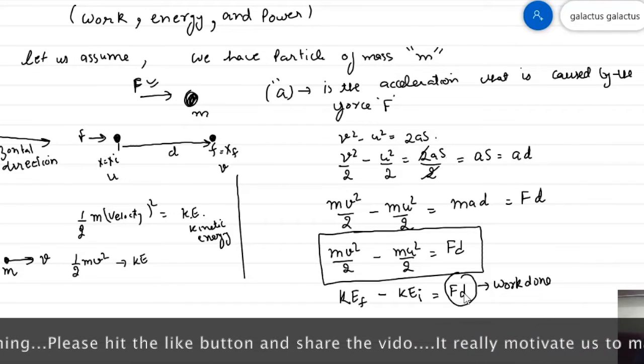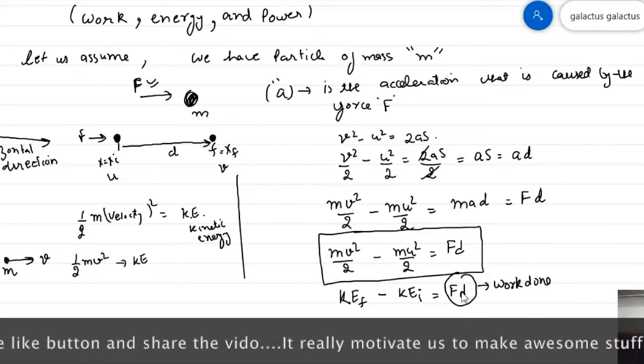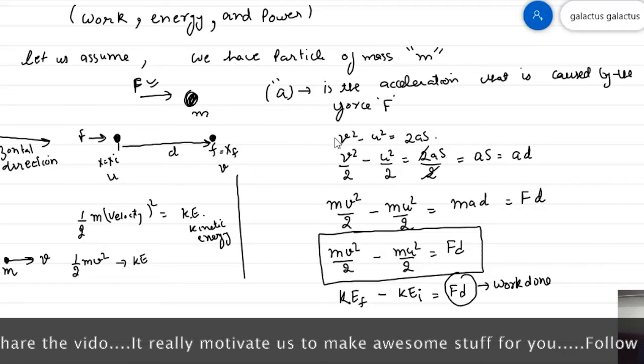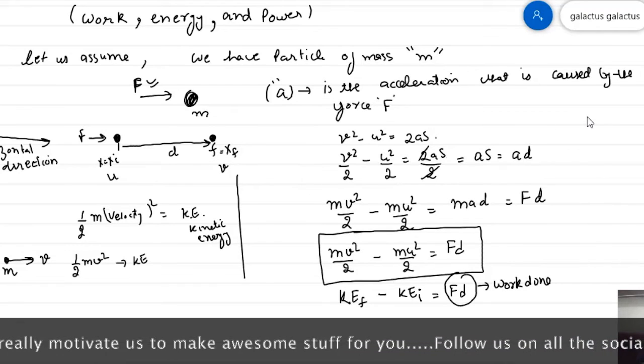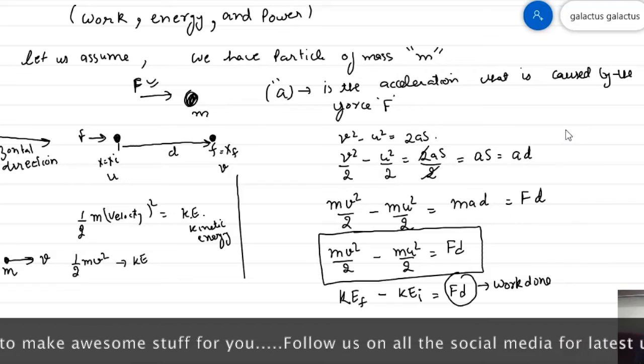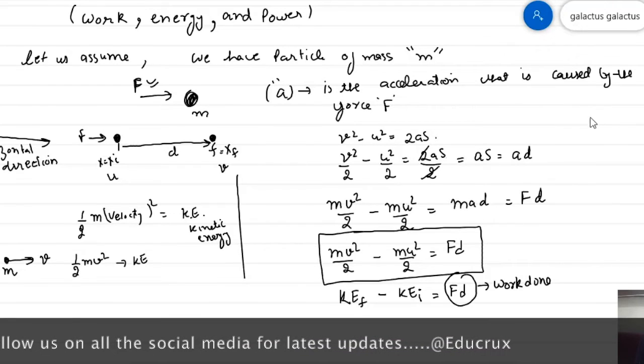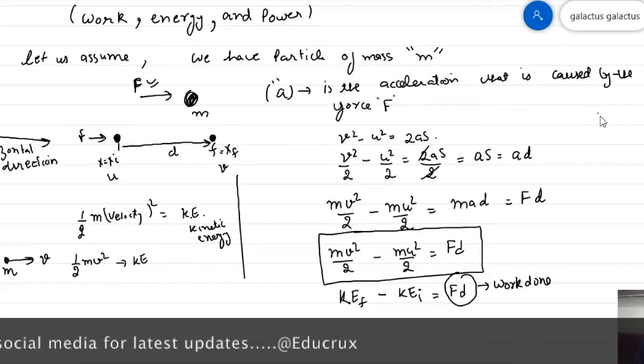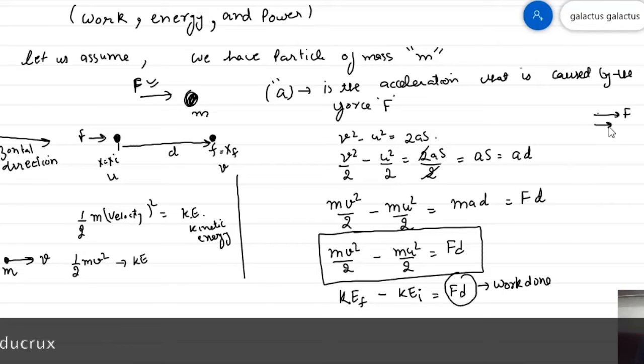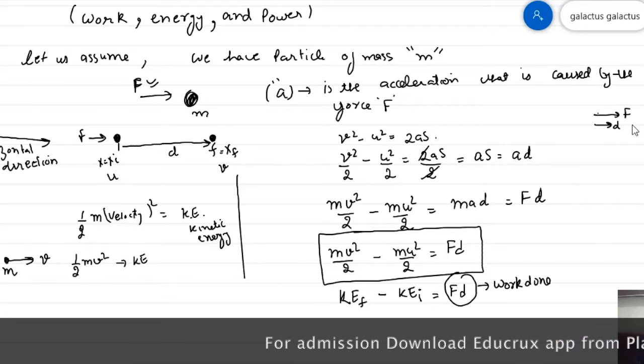So this quantity Fd is the work done along the horizontal direction, because I have considered the motion in the horizontal direction. So the force F is applied in this direction, and d is the displacement traveled by the particle in this direction.